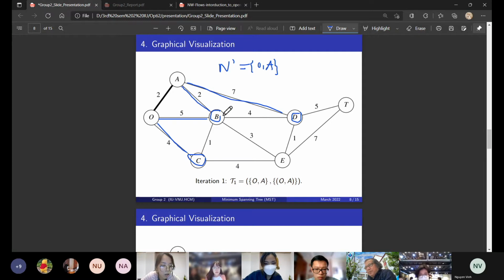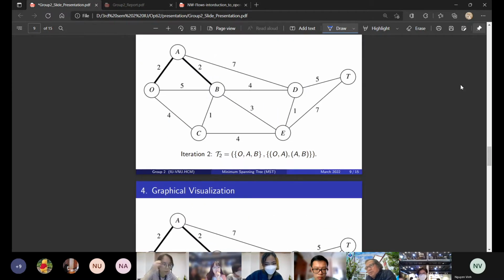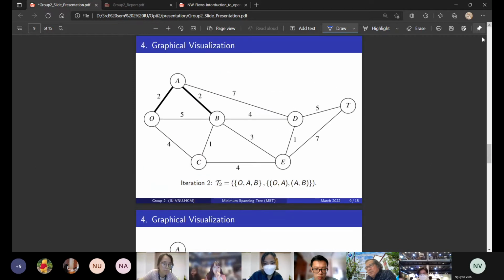As we can see, AB is the arc that has the minimum length in this iteration. So the new tree now will be added by node B and arc AB.